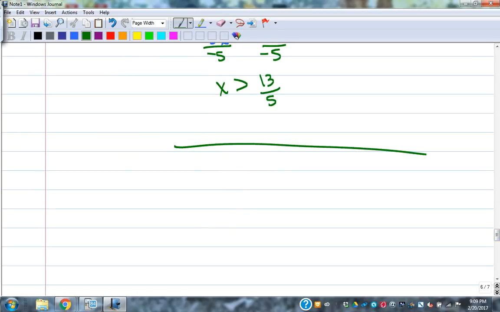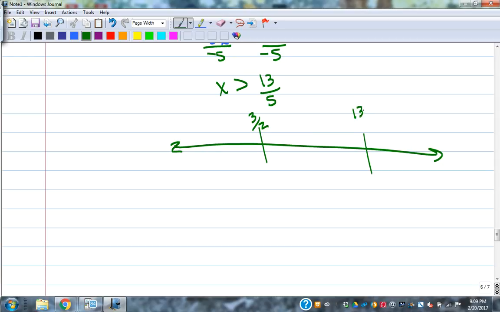So I'm going to set up my number line. And I've got two things that go on it for this one. I've got the restriction, which was what? 3 over 2, 1.5. 13 over 5 is 2 3/5, right? So 1.5 goes here, so that's 3 over 2.